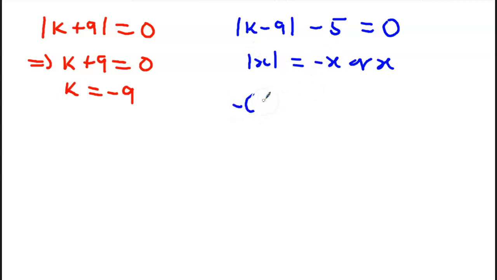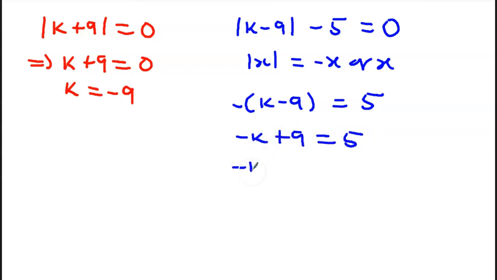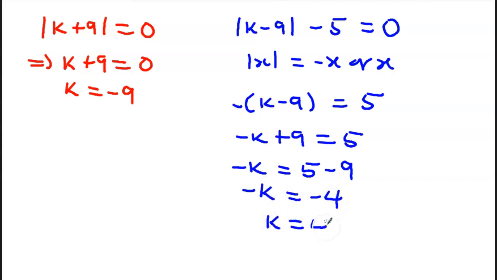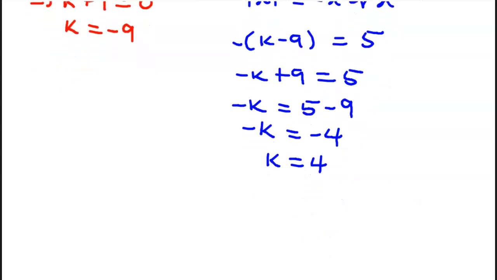So minus of k minus 9 is equal to 5. So we are sending 5 to this side. So we have minus k plus 9 is equal to 5. So minus k is equal to 5 minus 9. Minus k is equal to minus 4. So we have k is equal to 4. That is the first part.